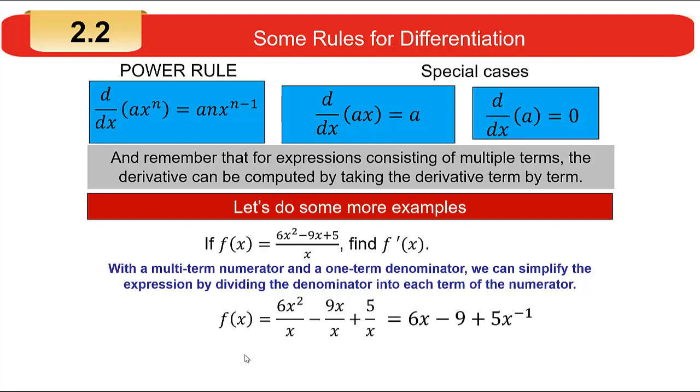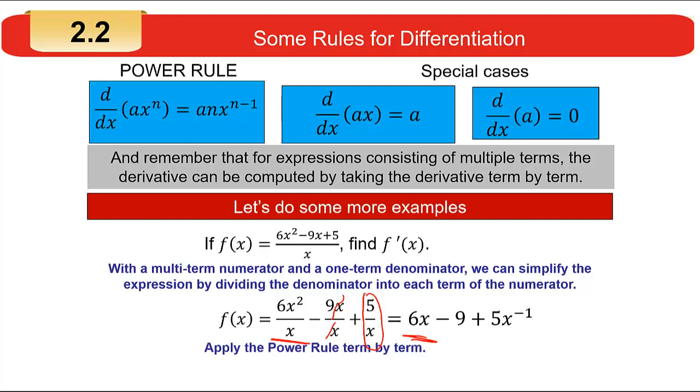X goes into x squared and leaves x, so you've got 6x in the first term, going from here to here. And then when the x's cancel out in the second term, you just get minus 9. And then you just want to rewrite 5 over x as 5x to the minus 1. Now you have that in the form that you can take the derivative term by term using the power rule.